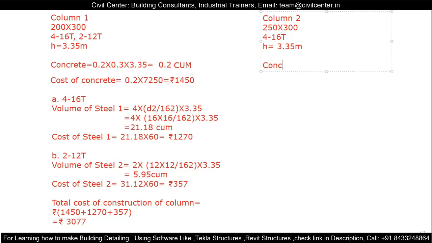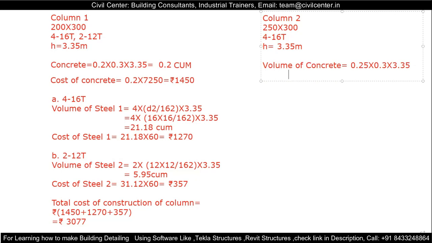So next is the concrete. We will start with the volume of the concrete first, and we know how to calculate that. Here the dimensions have been changed, so it will be 0.25 multiplied by 0.3 multiplied by 3.35, and thus we can get the volume of the concrete.